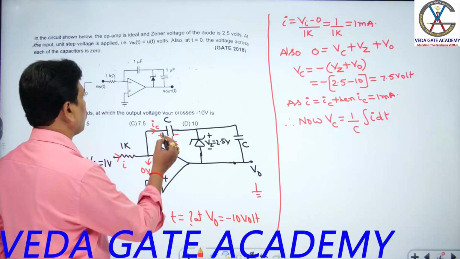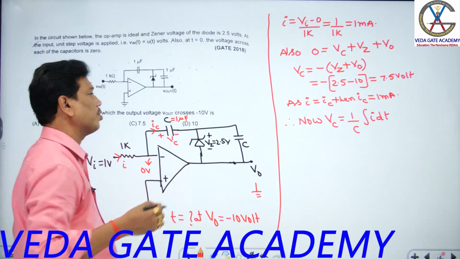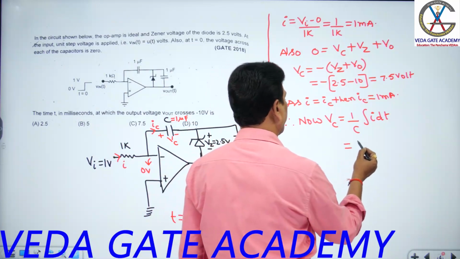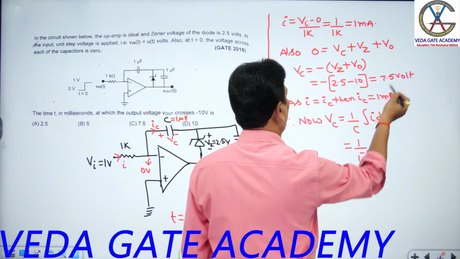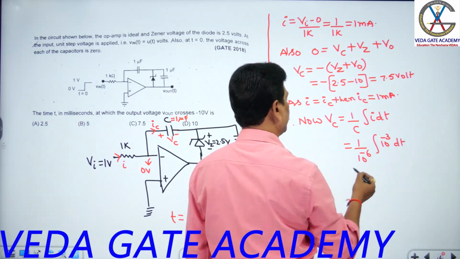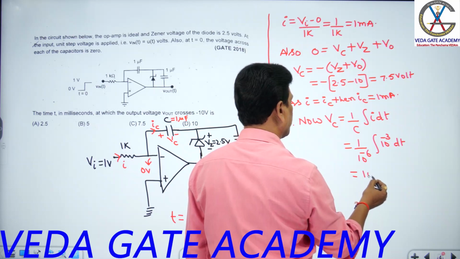The capacitance given is 1 microfarad there. Confirm now, sir. 1 by C integral of I dt. This is 10 power minus 6. Integral of I equals 10 power minus 3 dt. Taking the 10 power minus 3 constant out, that becomes 1000, sir.